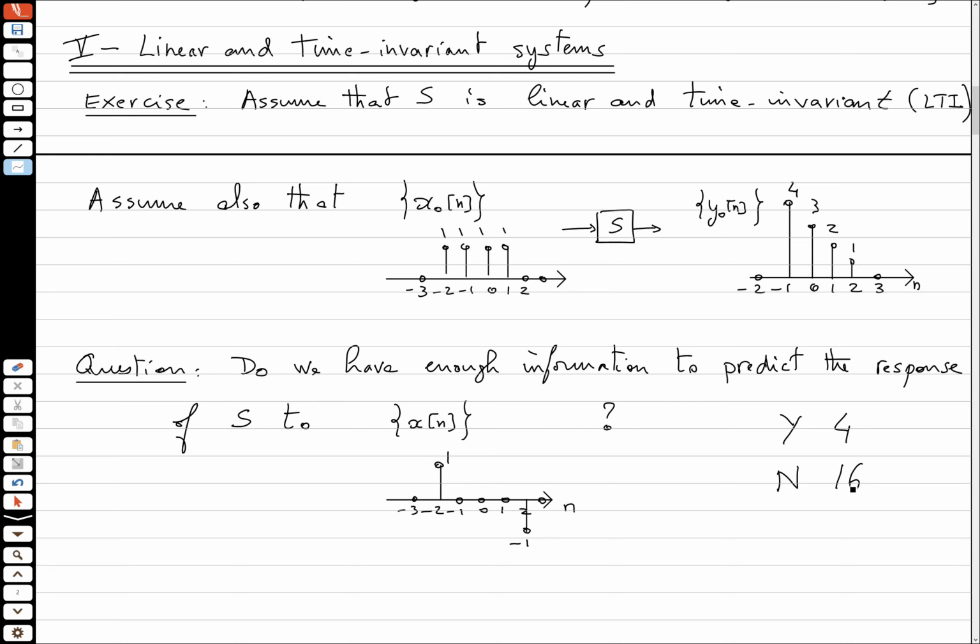Even if you don't give me the output, how do you get it? I don't want you to know. I want you to give me the way to do it.